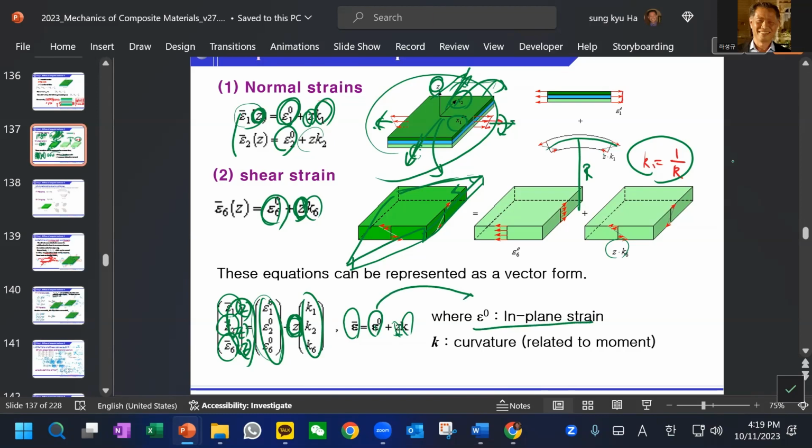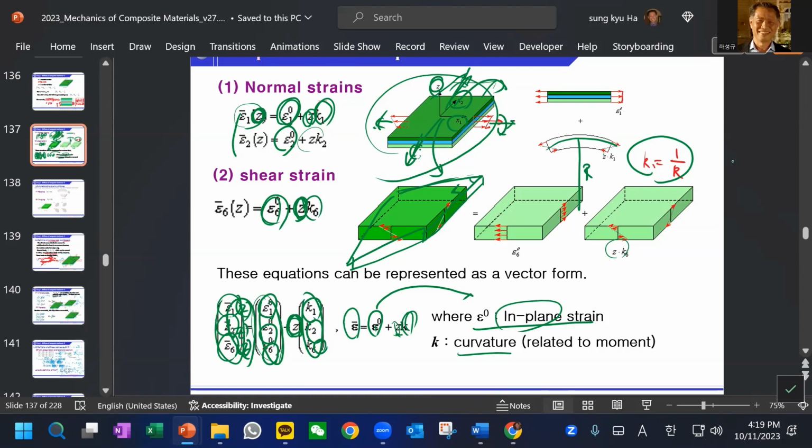In-plane strain means a deformation in plane, and K is the curvature. So if we count, there's 1, 2, 3, and another 1, 2, 3. Totally 6 constant values which will describe the deformation of a laminate.